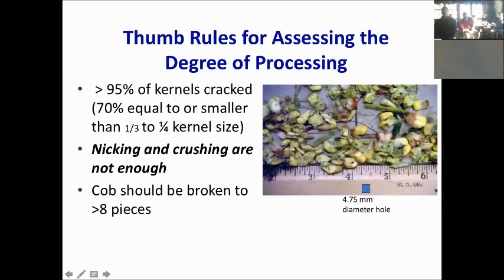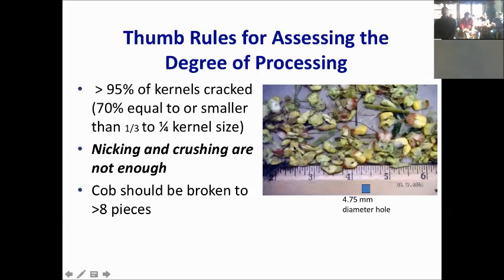And if you look at this picture here, I would probably say that almost none of these kernels here are probably gonna make it through that square. Would you kind of agree? Yeah. So that means that if you look at all of these kernels of corn here, if this was your sample that you sent in, this sample would not be adequately processed.